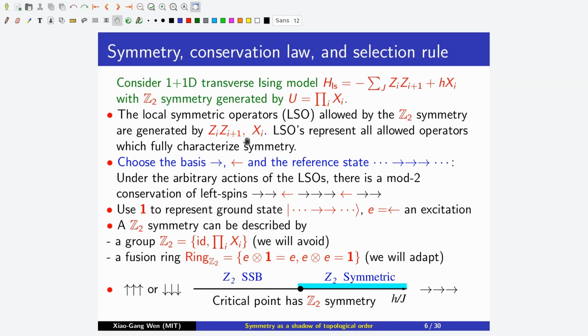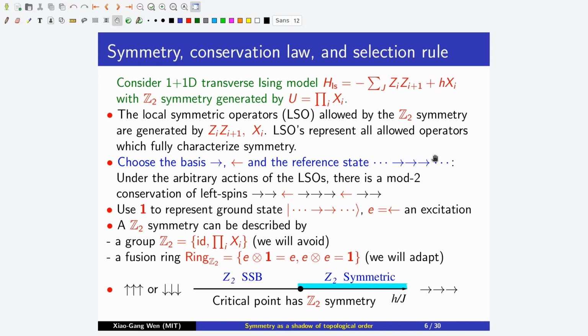Actually, these local symmetric operators are like an experimental instrument, or the allowed operations. They define the allowed operations. And because these allowed operations have some constraints, they have limited capacity. They cannot do certain things, and what they cannot do corresponds to a conservation law. For example, you can choose the left-right basis. We can ignore the Hamiltonian and choose a reference state where all spins point to the right.